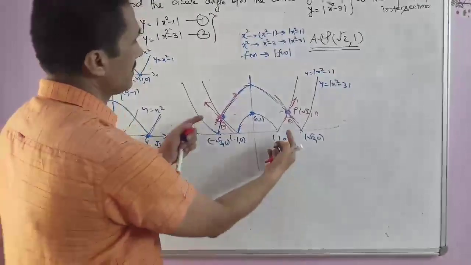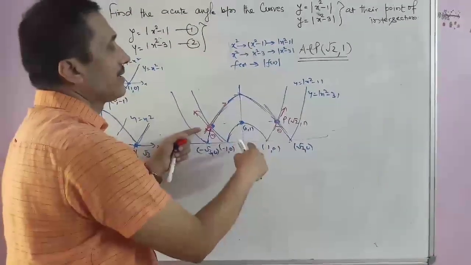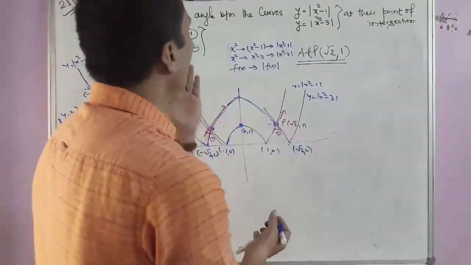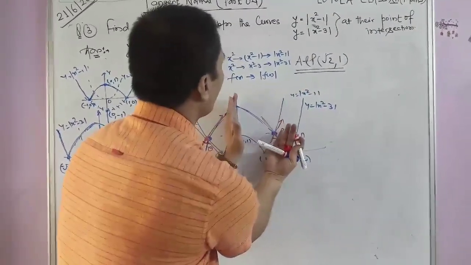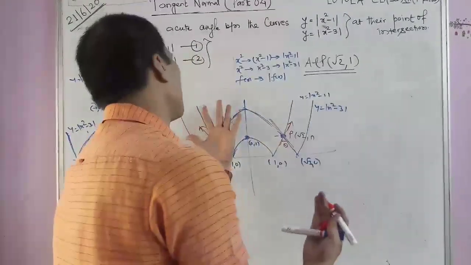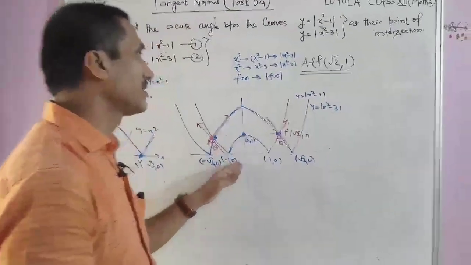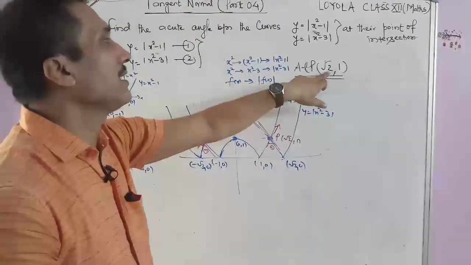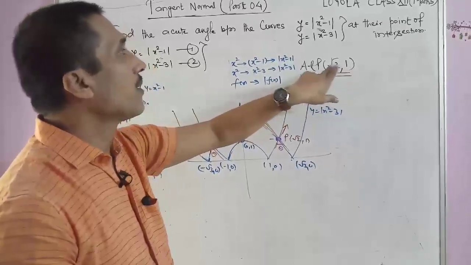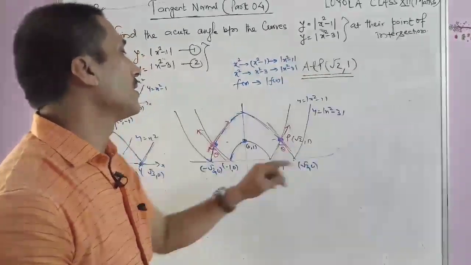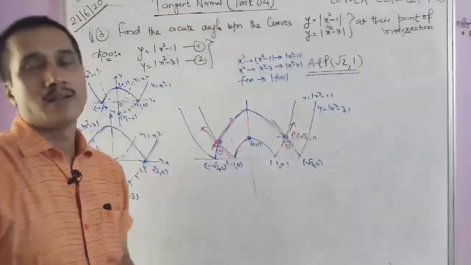Clearly in both cases the angle will be the same, and clearly the graph is symmetric about the y axis: if we turn this portion of the graph about the y axis, it overlaps this portion. So we take only (√2, 1), either (√2, 1) or (−√2, 1). In both cases the answer will be the same. That's it.